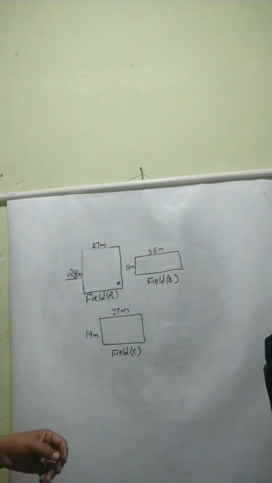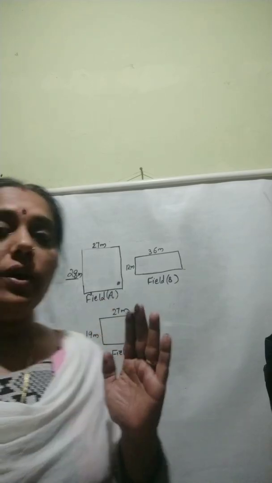Like that way, for a field or for a room, we can measure the length and breadth or width of a room. Then what is the use of this length and breadth? In case of paving grass in the garden or paving tiles in the room, in such places we need to understand the area of the room or area of the garden.